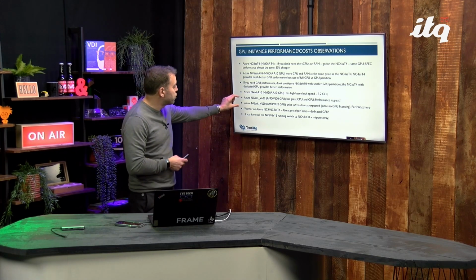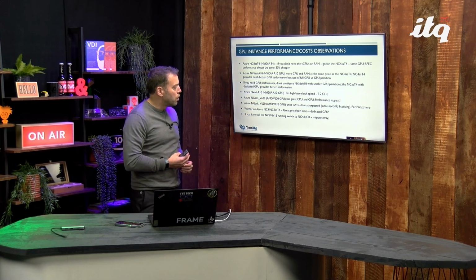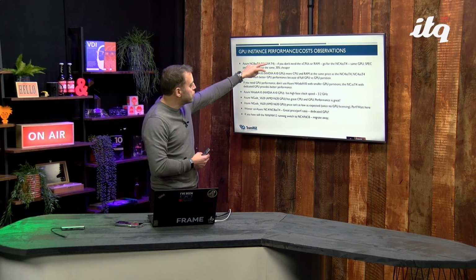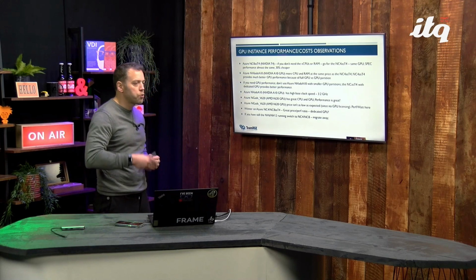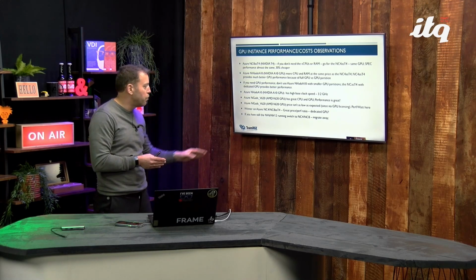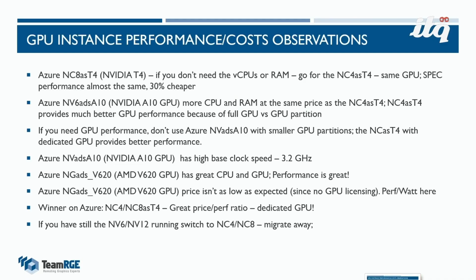And then you have the newer family members, like the AMD V620 GPU, really competing with the T4 and A10. It depends on the use case and application, but sometimes it beats them, sometimes the other beats the V620, but it's very, very close. And often the V620 in general, I would say, beats the other two. On price, I expected when the instance type was announced that the price would be lower than the NVIDIA-based machines.